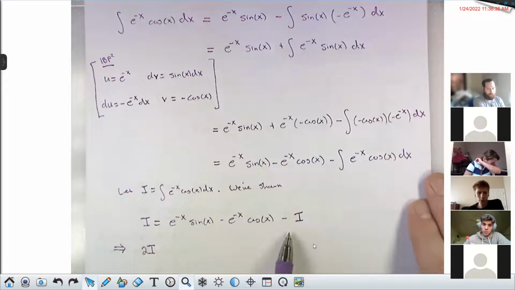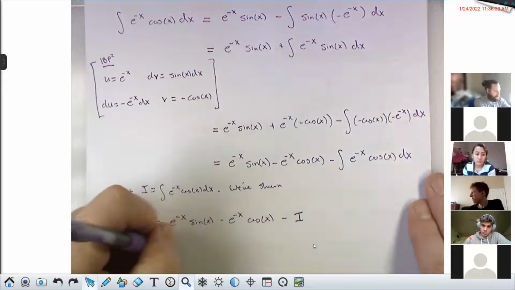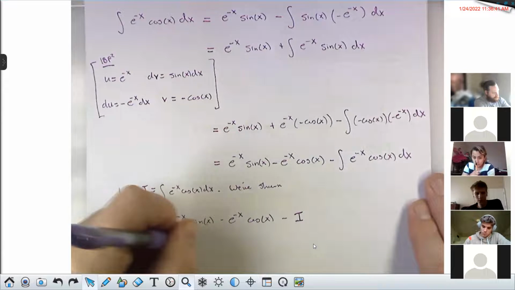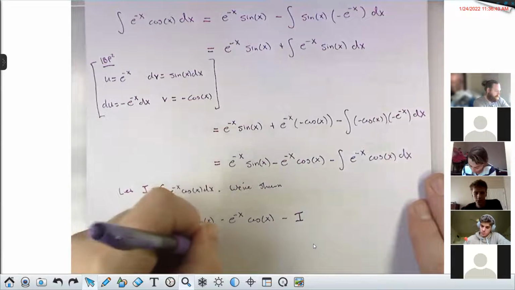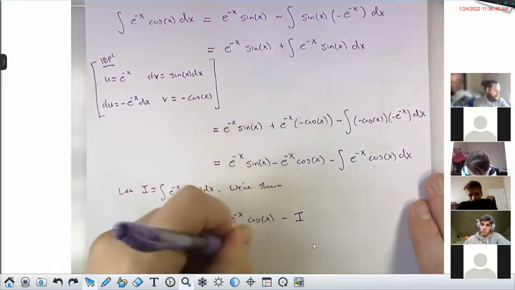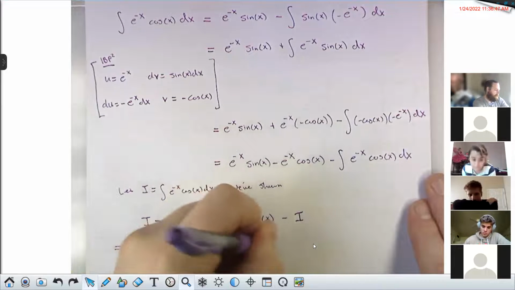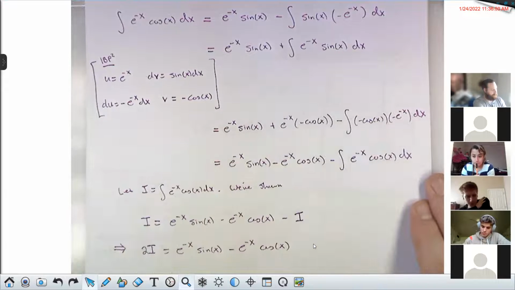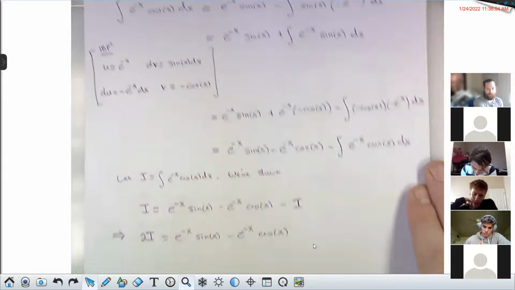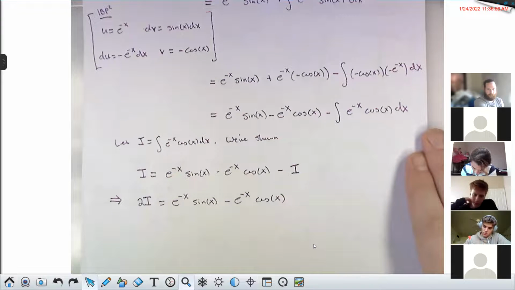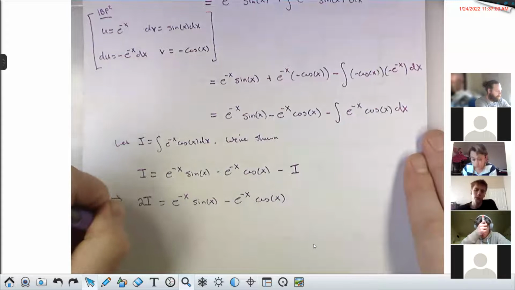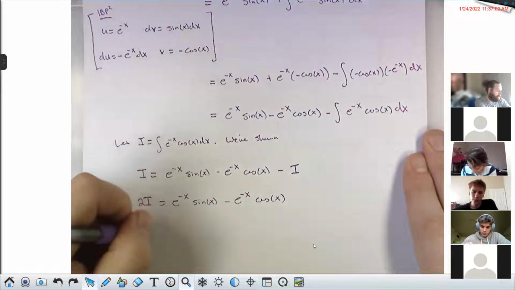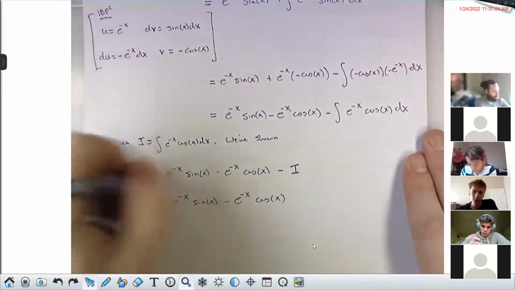And over here, this is the I we're adding over. So you just get e to the negative x sine of x minus e to the negative x cos of x. Divide by 2, or multiply by 1/2.